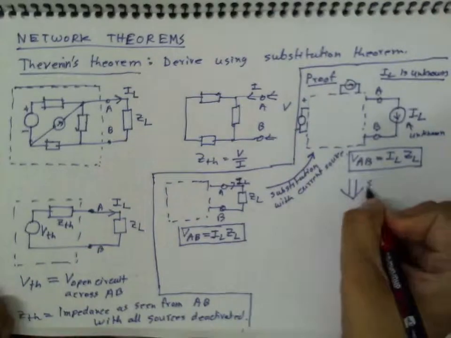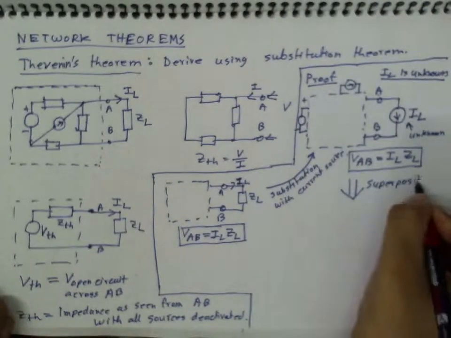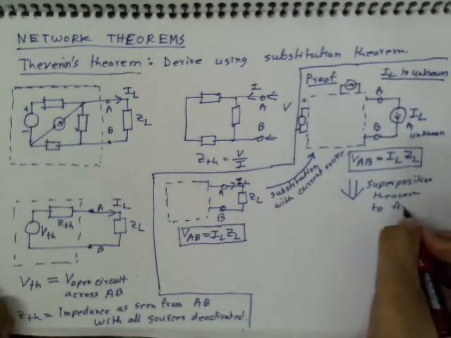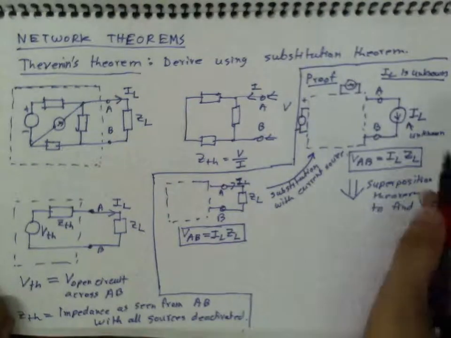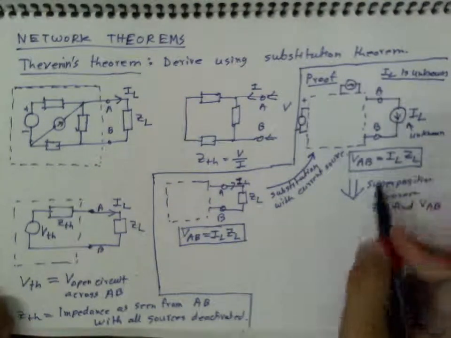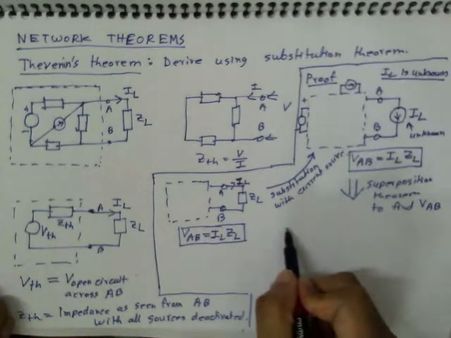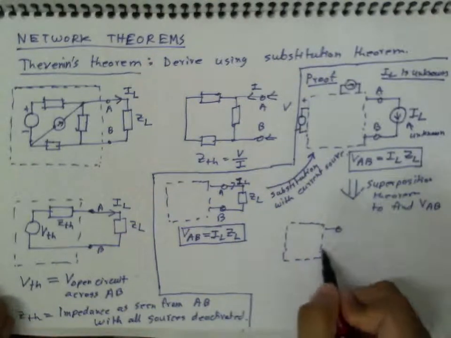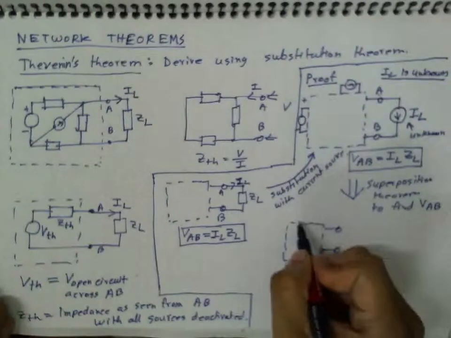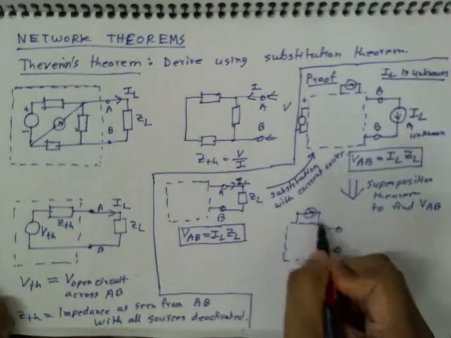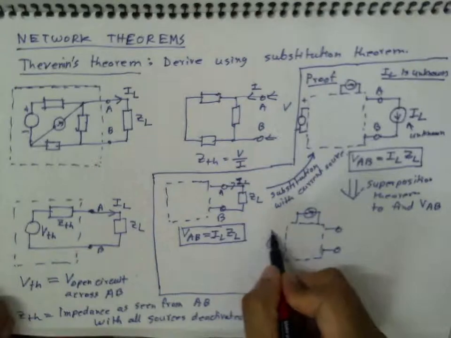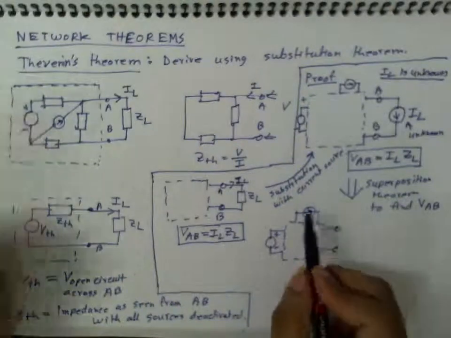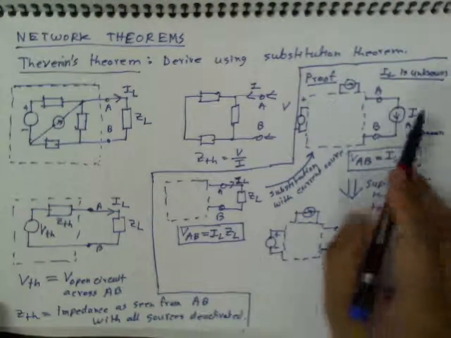So now apply superposition to find VAB. What does the superposition theorem say? We first consider the internal sources, the internal current sources and the internal voltage sources, and remove this one.